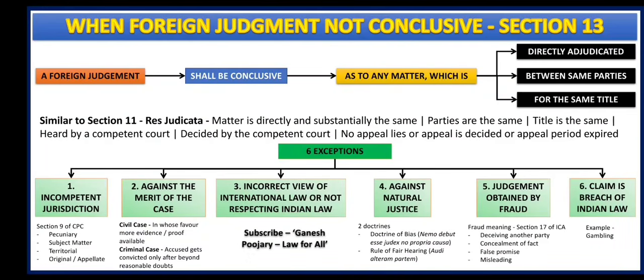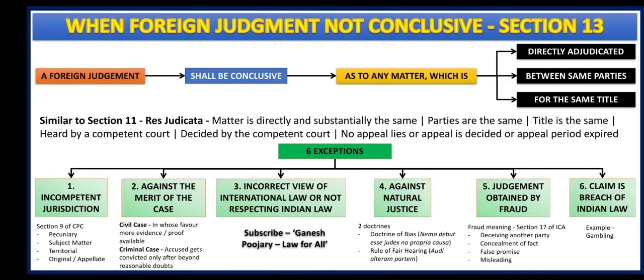Now the section is in my next slide, but before going there, I have two beautiful charts to define section 13 easily. In the first part, it says a foreign judgment should be conclusive when it is directly adjudicated, when it is between the same parties and for the same title.